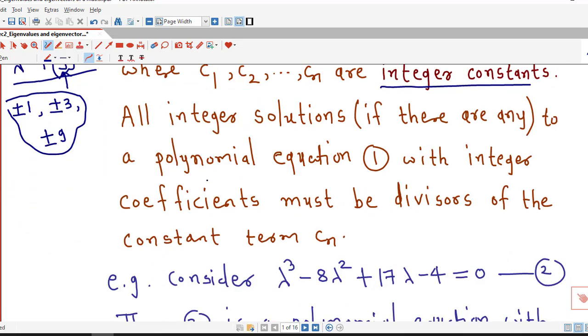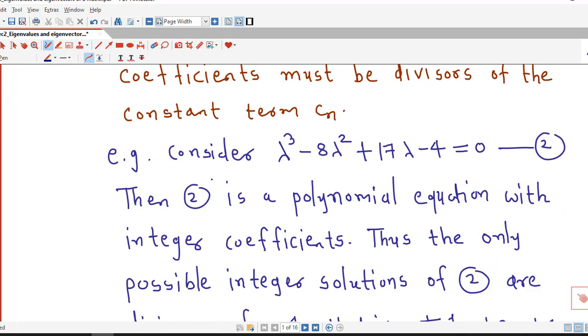We understand with another example. We consider this polynomial equation of degree 3, lambda cube minus 8 lambda square plus 17 lambda minus 4 equal to 0. Here all the coefficients, 1, minus 8, 17, minus 4, are integers. So this is a polynomial equation with integer coefficients.